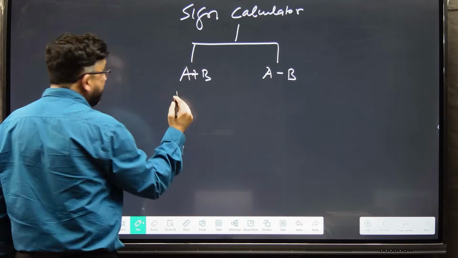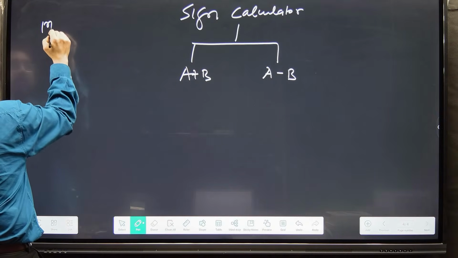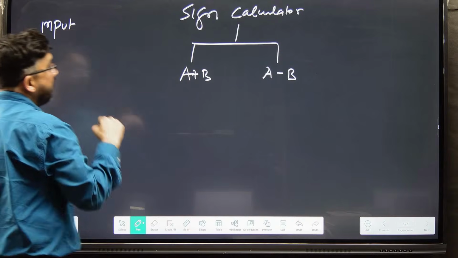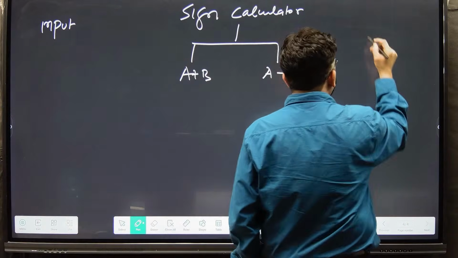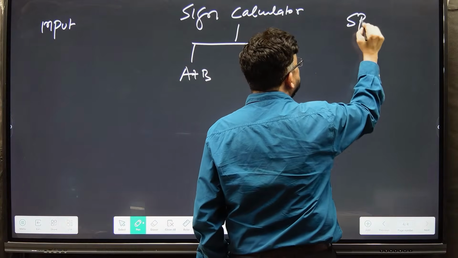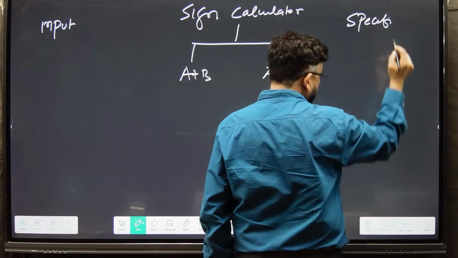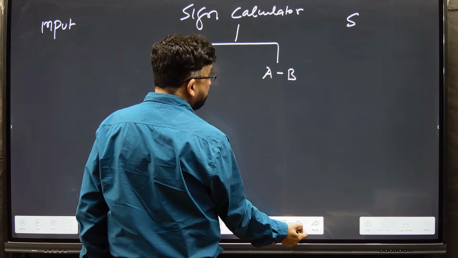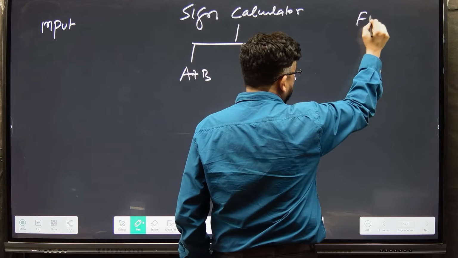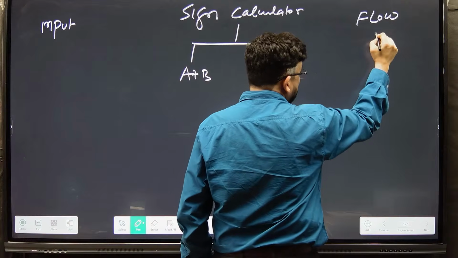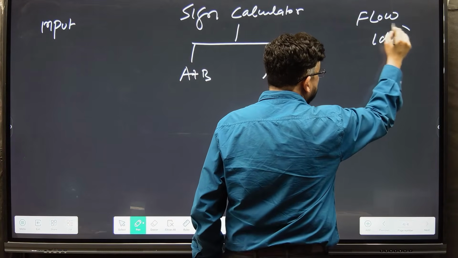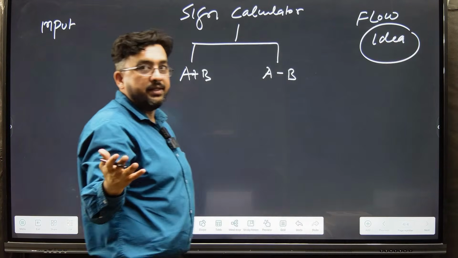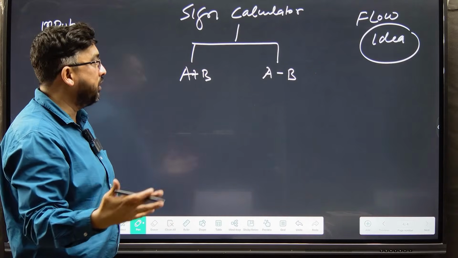A plus B means you have two inputs. Whenever you are going to design any project, first I will take the project flow. First you finalize the idea: what you have to design, what you have to plan.